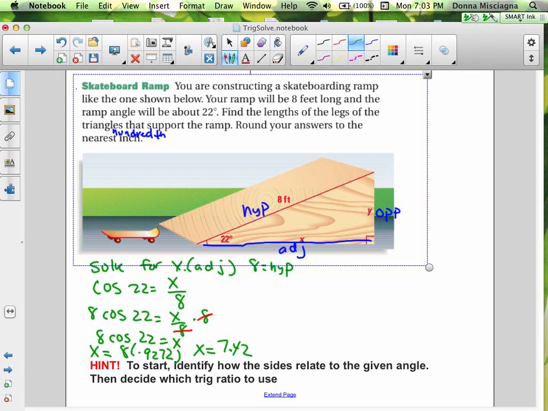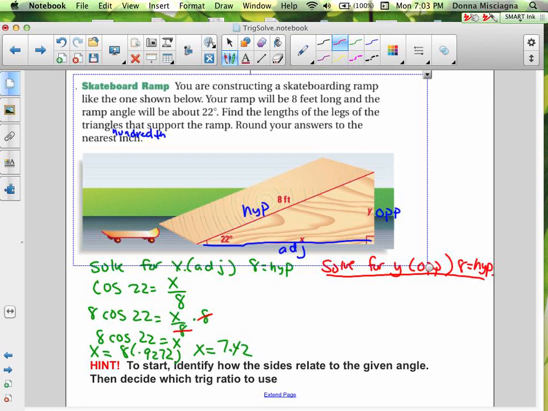All right, so now let's solve for y. y is the opposite side, right? And the side we know is the hypotenuse. Do not use x to solve for y.